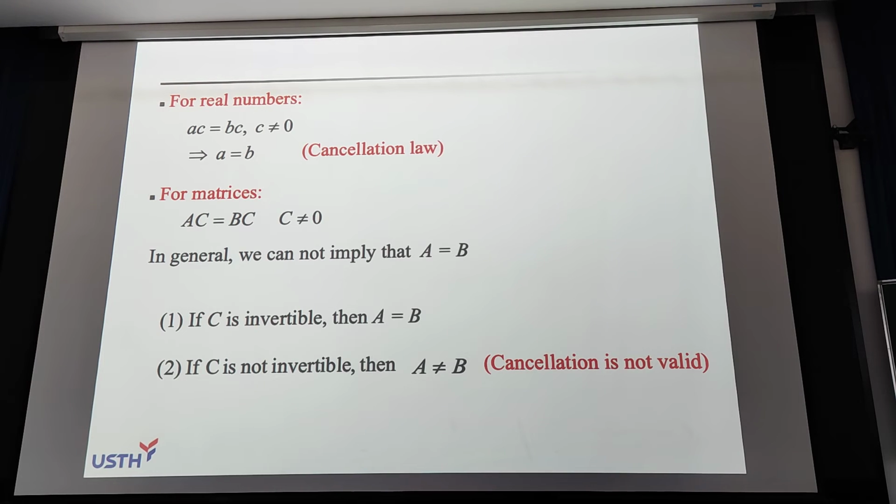However, here there is a new word, that is invertible. Invertible is what we are going to define. But before defining it, I can explain to you the examples about that one.